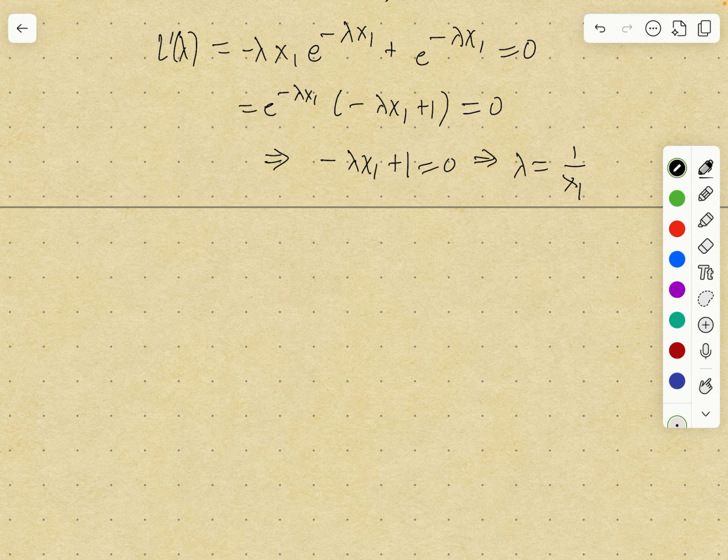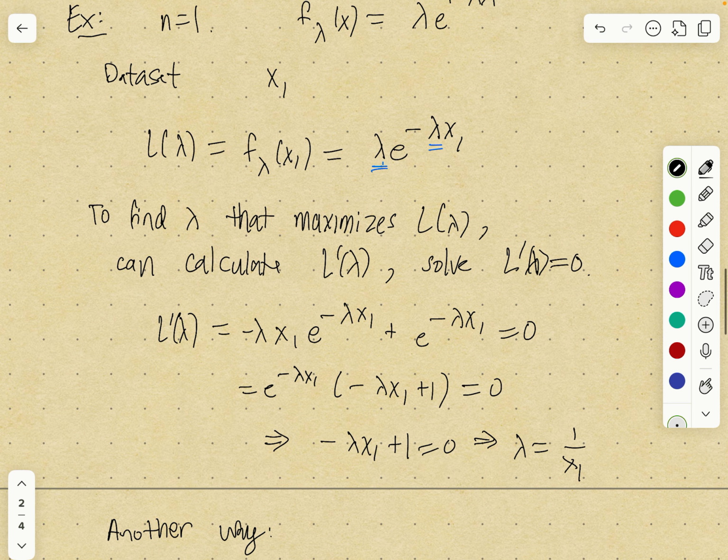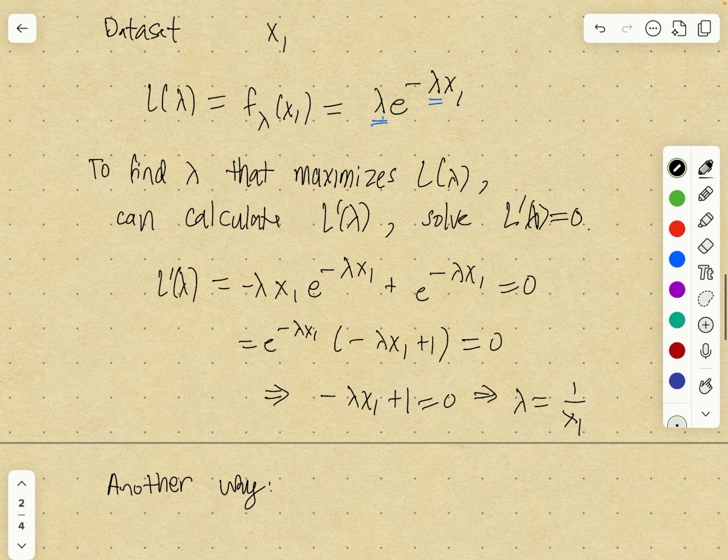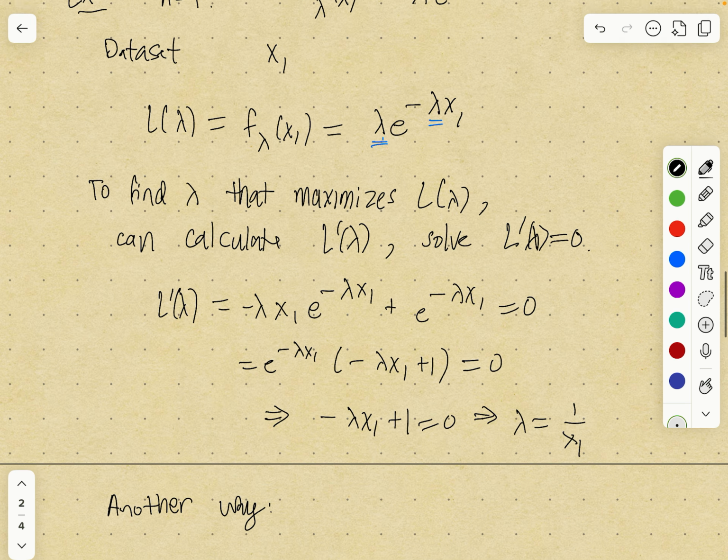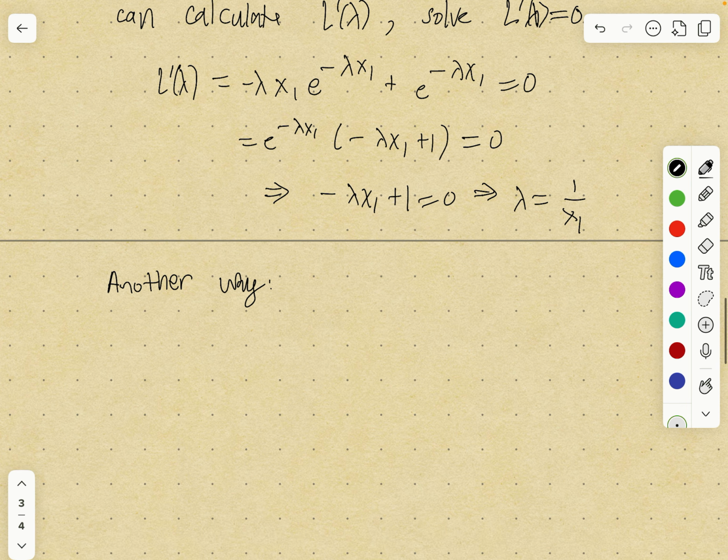Another way of doing it, which is often more typical, well, it's usually easier when you have a product of a bunch of things, and here you have a product, the likelihood function, is to maximize the log of the product.